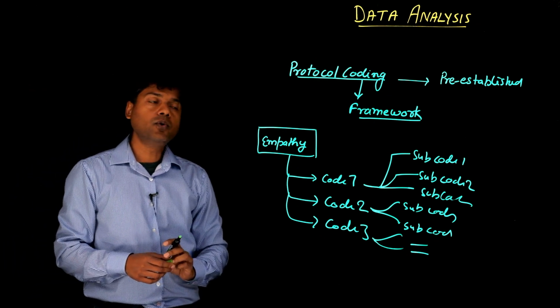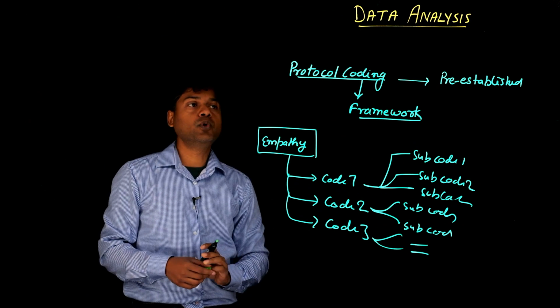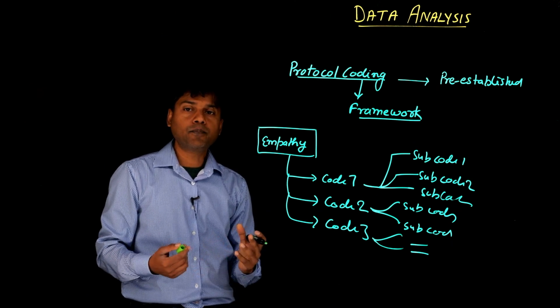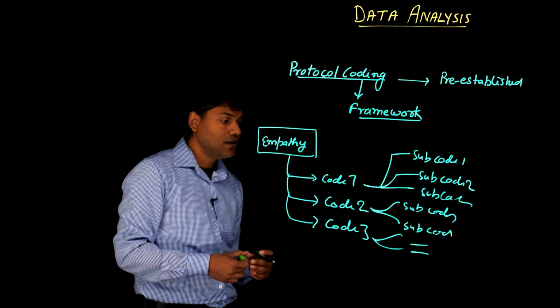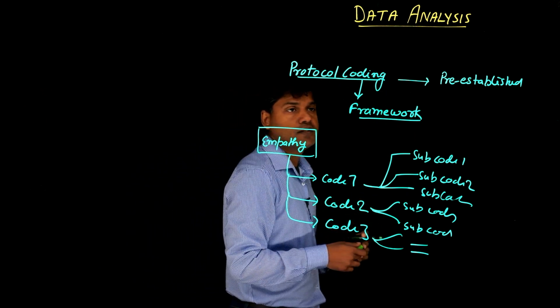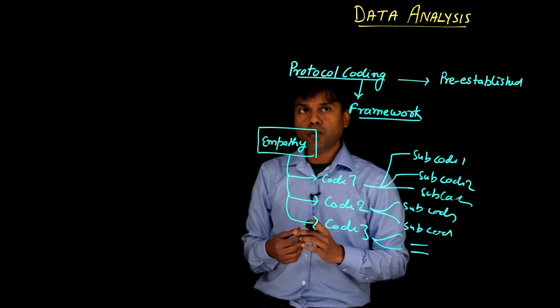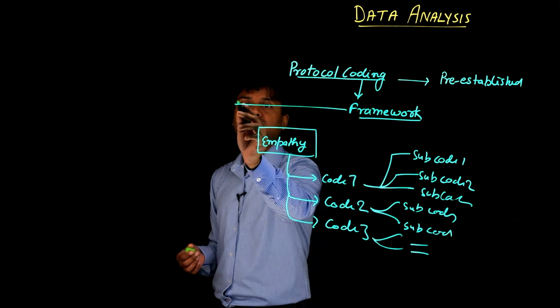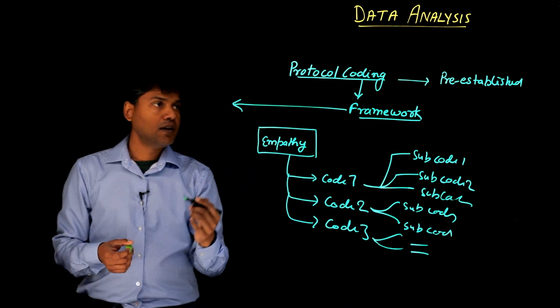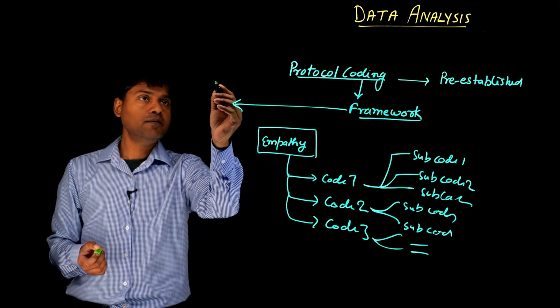So in protocol coding, how do you develop your coding framework? What approach? Because you cannot just come up with some codes and say, hey, this is my coding framework. No, a coding framework needs to have some empirical base.